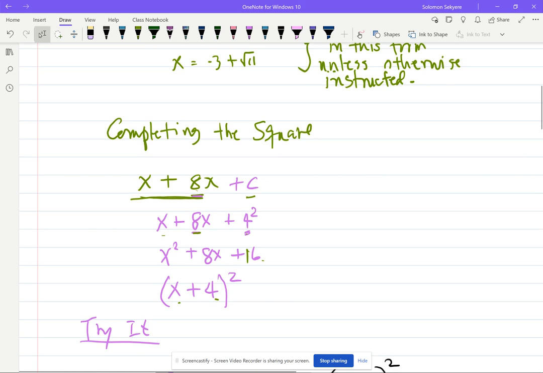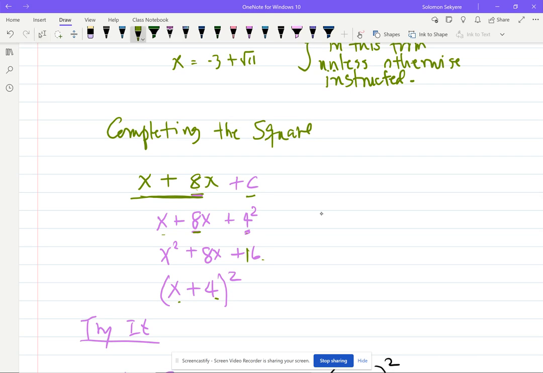In case we have this x² + 8x, for example, we want to make this a perfect square. That means (x + something)². We want to add a number to it to make it a perfect square. What would that number be? You see this term here is x², and this part here is 8x.